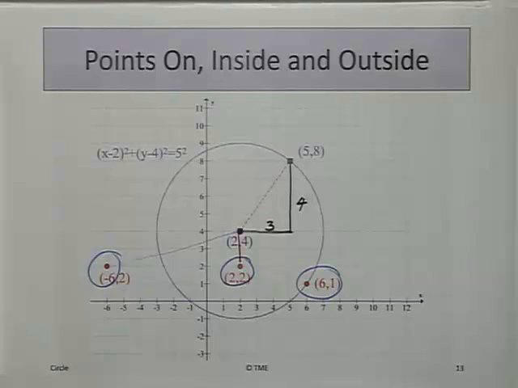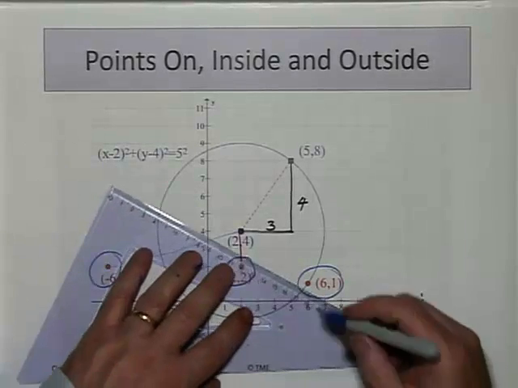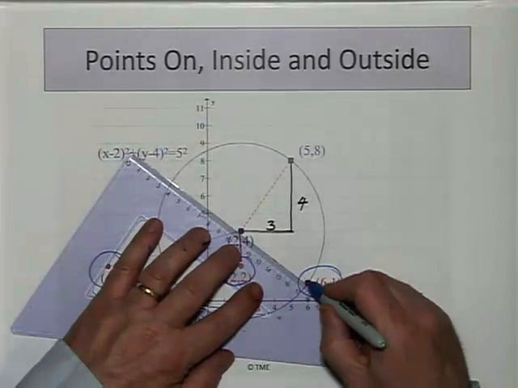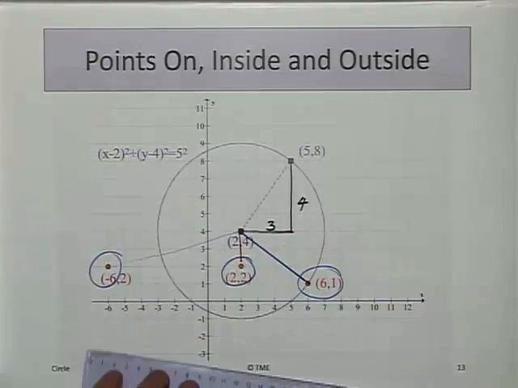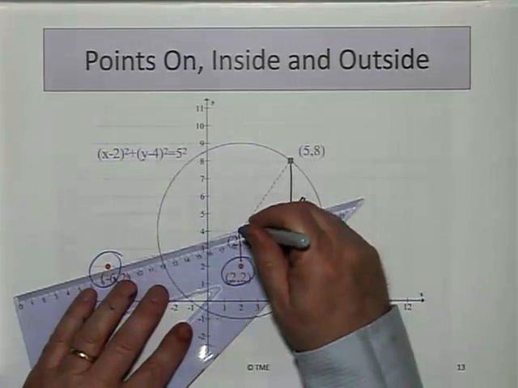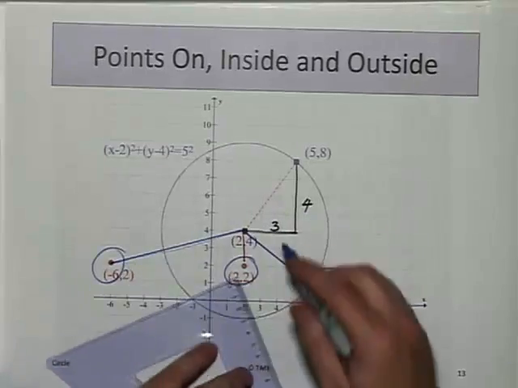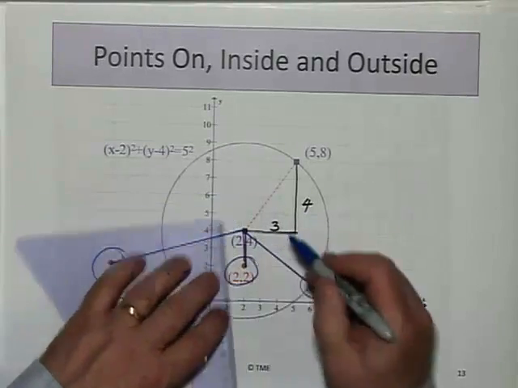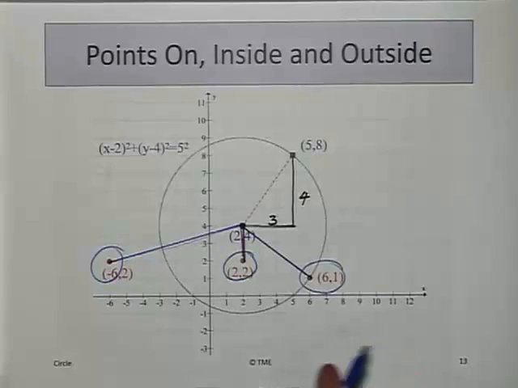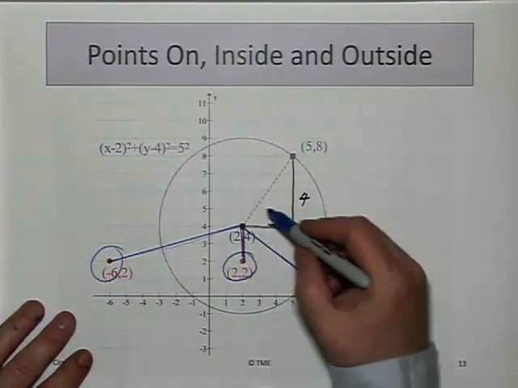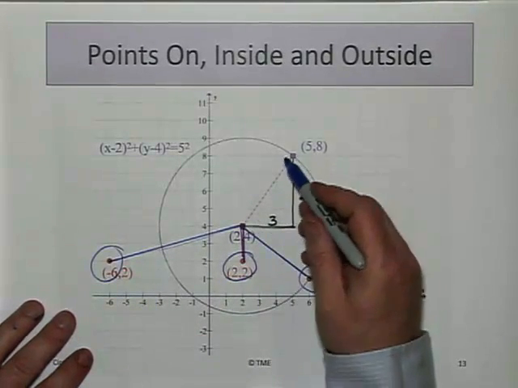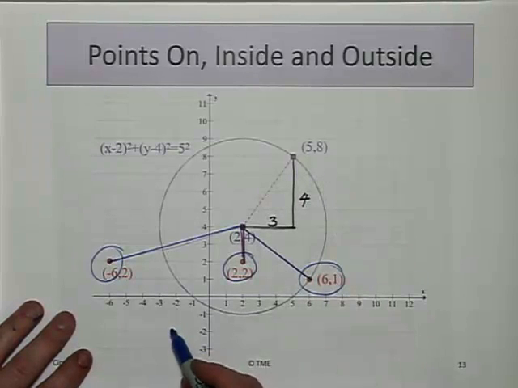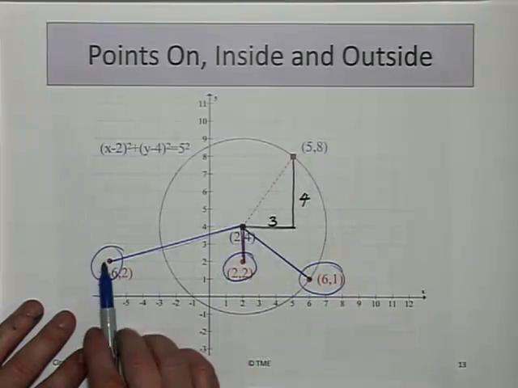The shortest distance between 2 points is the straight line. So that's one of them. This is another. And here's another. Now, it's only when the lines here are exactly the same as this length that it's actually on the circle. So we're now going to find the distance between them.